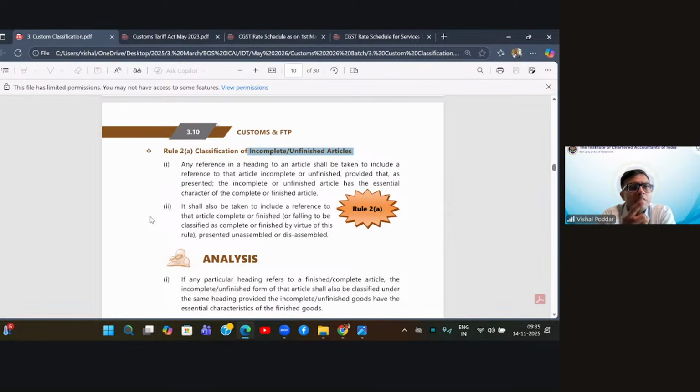So goods sent in unfinished, incomplete form are classified in the chapter of the finished product only if these incomplete or unfinished goods have the same characteristics as the finished or completed goods. So Rule 2A says unfinished, incomplete, unassembled goods are also classified in the chapter or heading of the finished product. The only condition is that your unfinished, incomplete goods should have the same characteristics as the finished goods.